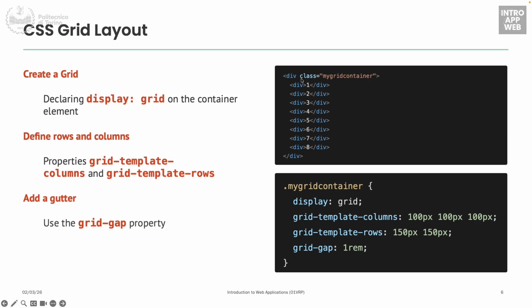We want the big one to behave as a grid container, no? So we want the big one to organize the elements within it as if it were a grid container. How do we specify that we want this container to behave as a grid? By means of this property, no? Display grid.